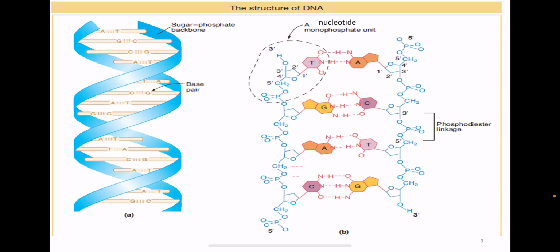The backbone, what holds the nucleotides together in a strand, we call a phosphodiester bond. The bond that forms between the phosphate group of the first nucleotide and the OH of the next is called a phosphodiester bond. So this is how a DNA strand is formed.